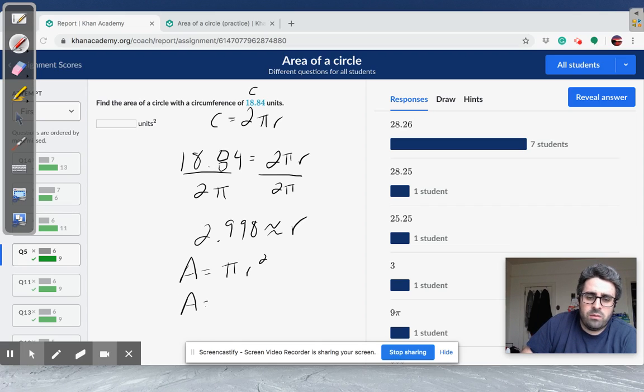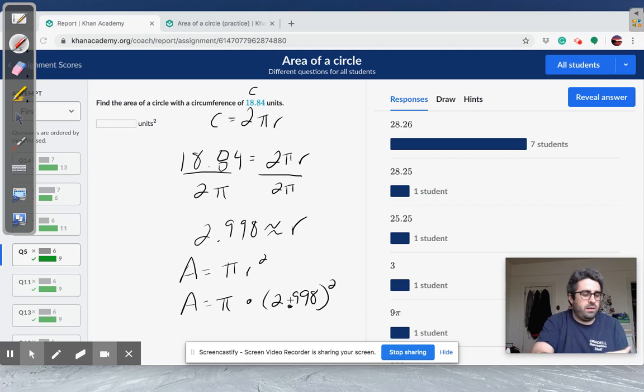So it'd be A equals pi times 2.998 squared. And let's see what that is. And times pi again. It's roughly 28.25 units squared.